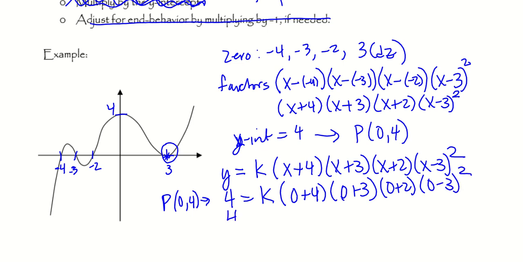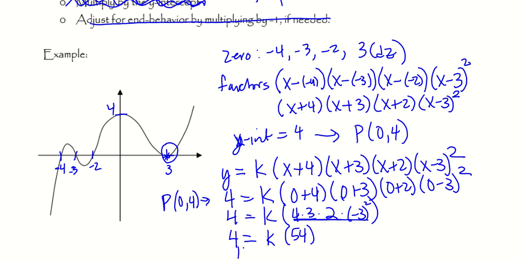And I simplify that. I get 4 equals k times 4 times 3 times 2 times negative 3 squared.